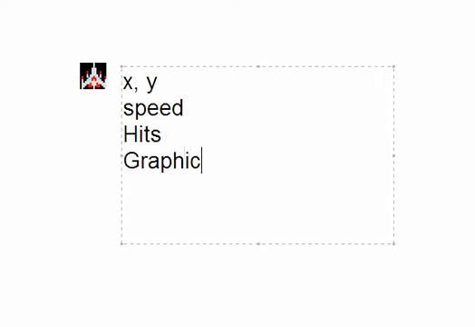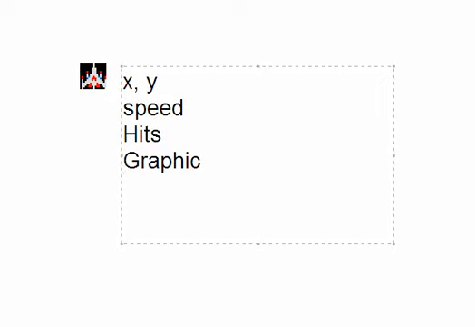I'm going to demo how this works by doing this. Let's say we had Space Invaders, and this is our guy, right? So he's going to have several attributes, isn't he? If this is our player, for example, he has a position. He's going to have an X and Y value. He might have a speed value. He might have a number of hit points value. He's certainly going to have an appearance or a graphic, right?